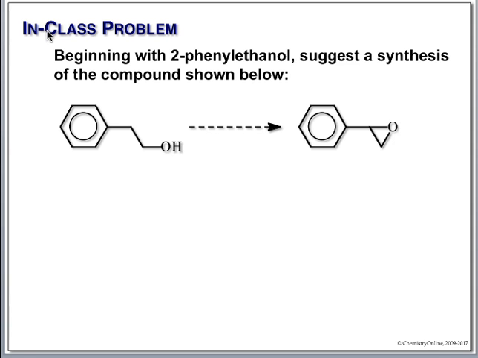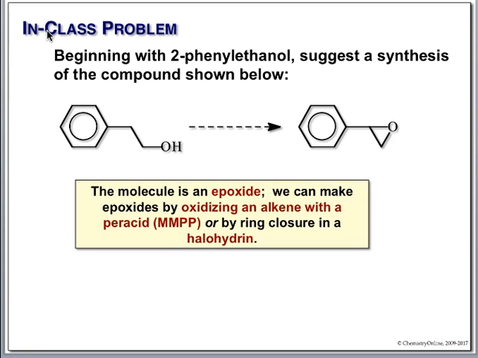What halohydrin would you need to make this molecule? Well, the OH would have to be bonded to 1 carbon and the halogen to another. That's all you need, right? That's a halohydrin.